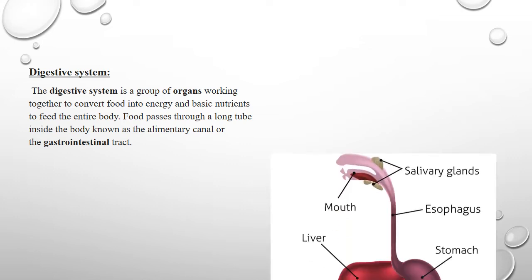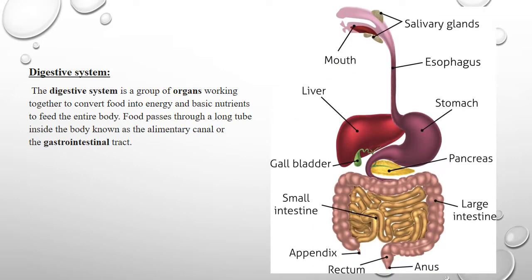Now, let's elaborate this. You can see the digestive system in the video, and you can find it in your book on page number 183. So, the food enters our body through the mouth.